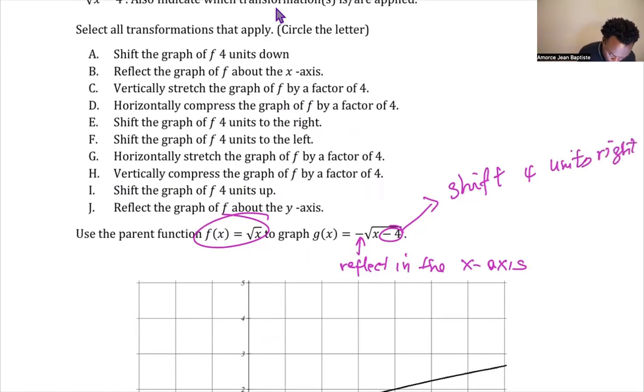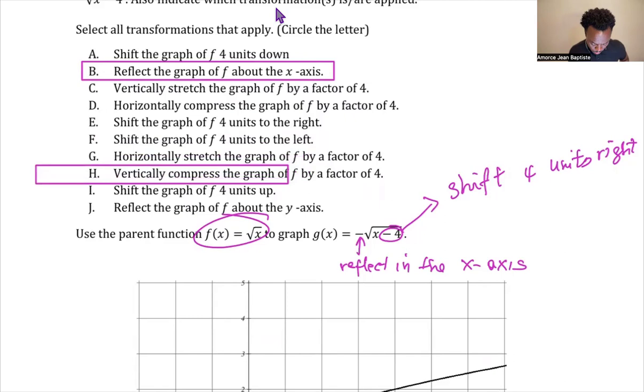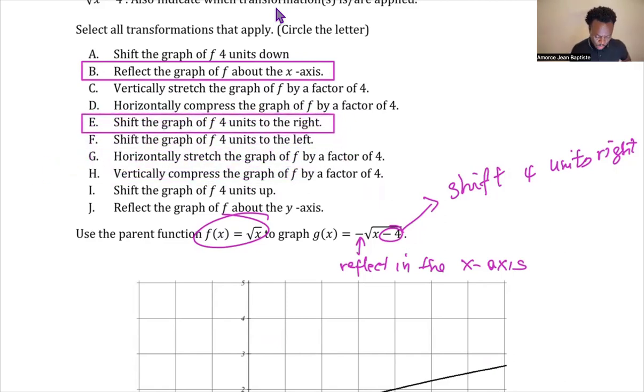Okay, so I'm just going to look for those. Reflection in the x. And then there will be a shift right, a shift right.